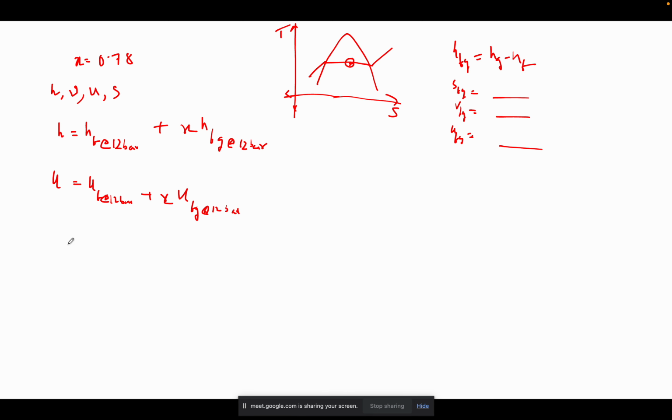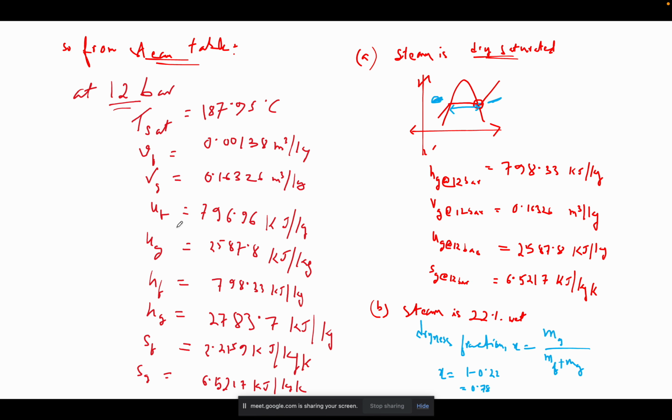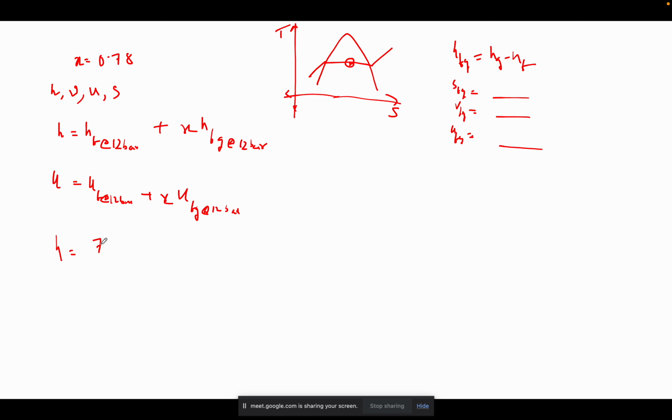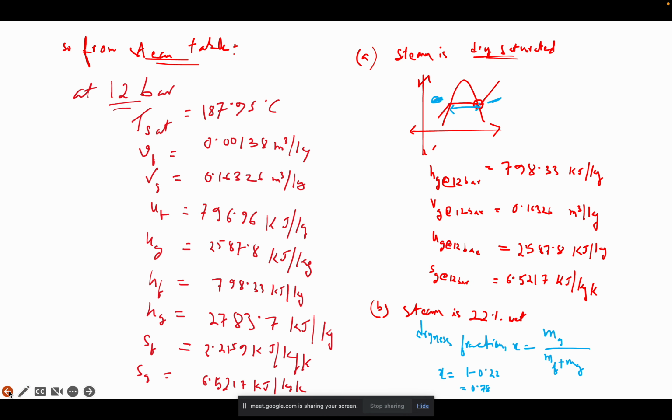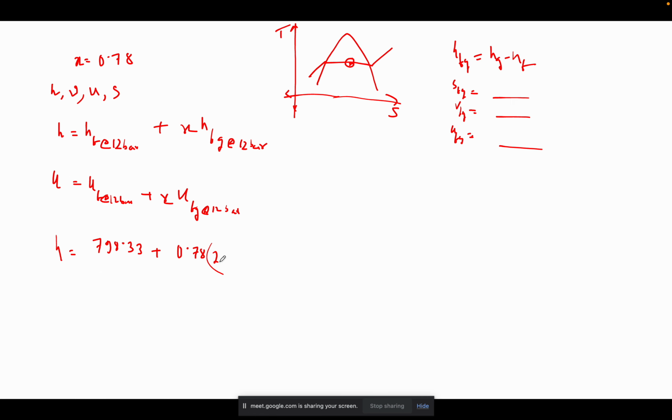So that means your H is equal to, we know Hf at 12 bar is 798.33, and the X value is 0.78, and this will be 2783.7 minus 798.33.